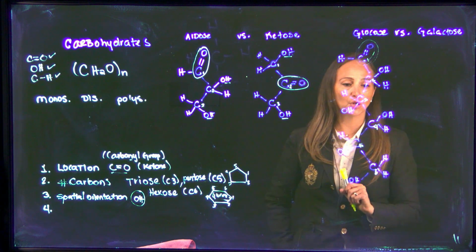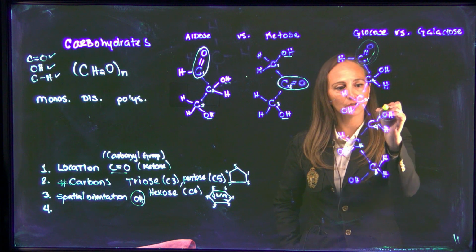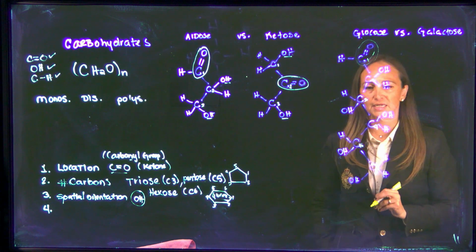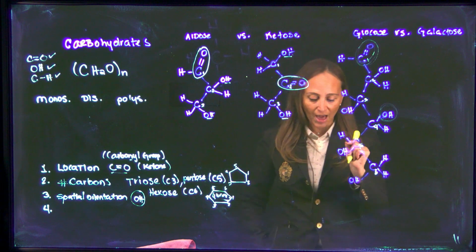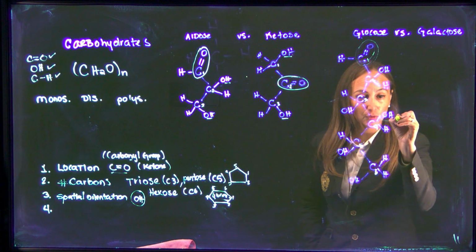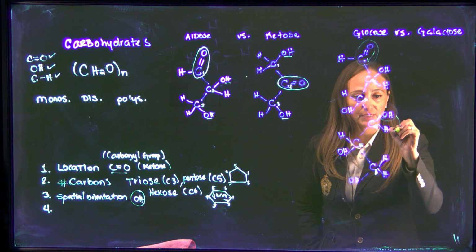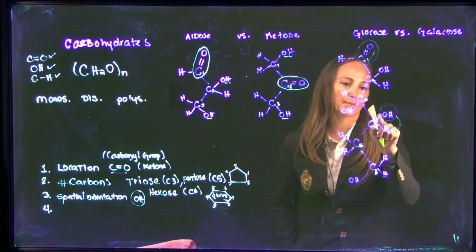And if you notice right here on carbon number 4, we have the hydroxyl group with the spatial orientation facing upward, right? If I were to flip and switch that hydroxyl group so it's facing down instead of that position, let's just say I'm going to switch it.